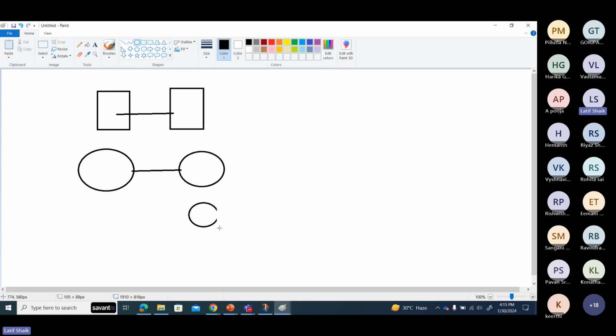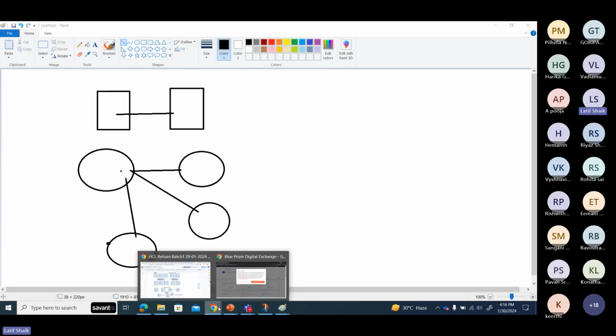If we are connecting to multiple routers, or one head office is connected to multiple branch offices, like this, this is the point to multi-point connectivity.